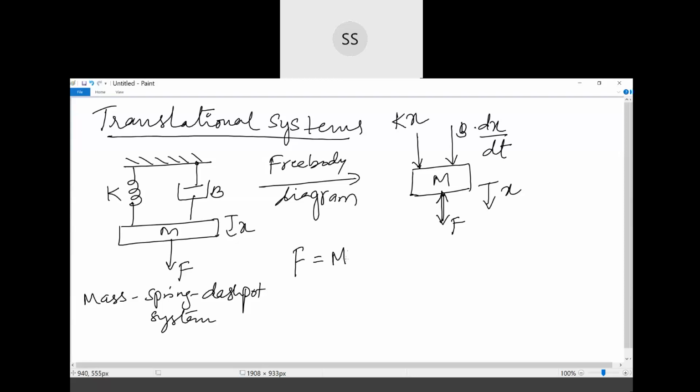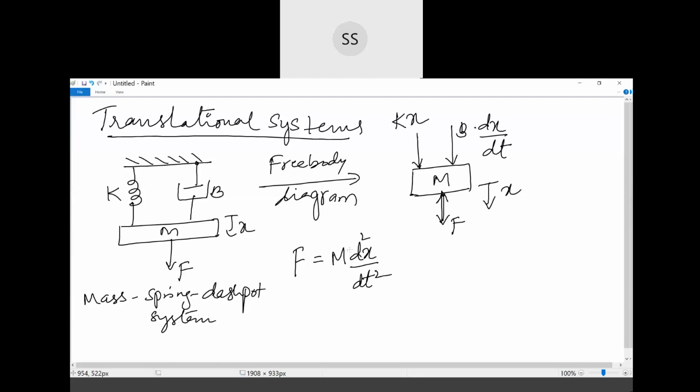We know from the previous discussion that whenever force F is applied, for the mass the equation will be m into d square x by dt square. If only one mass is there, then we would have written only this equation.